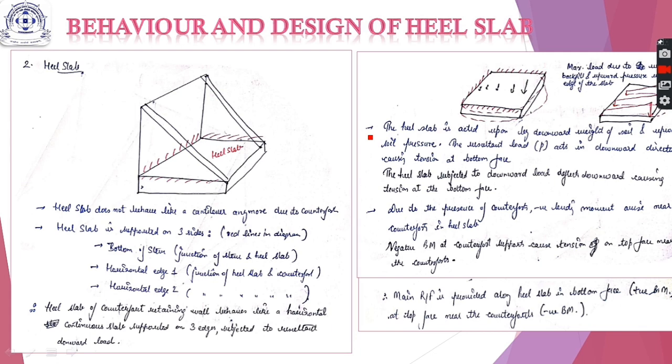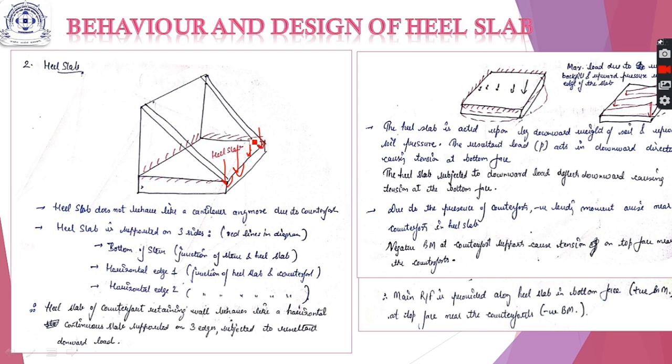Now we will look at the behavior and design of the heel slab. So the heel slab also behaves in the same way as that of a stem. Its edges are fixed or supported on three edges like this, and the load acting is maximum at this free edge of your heel slab.